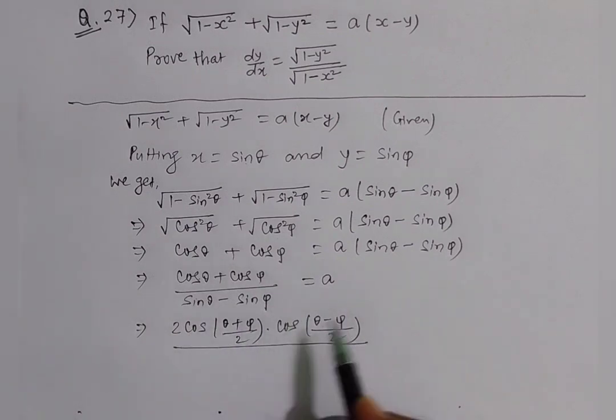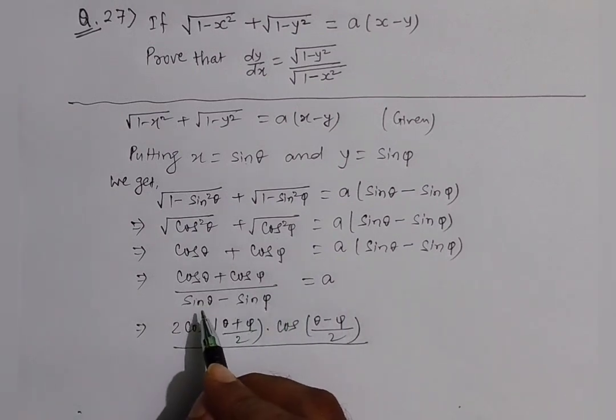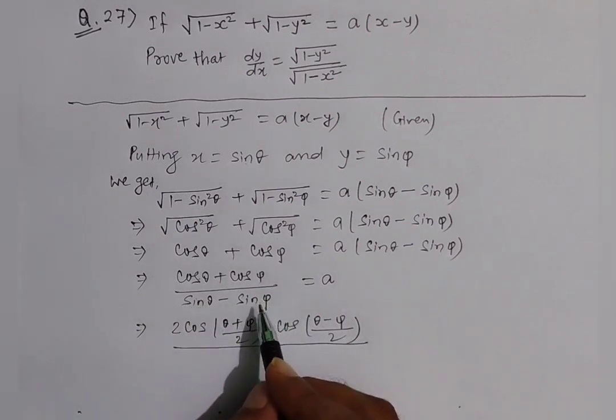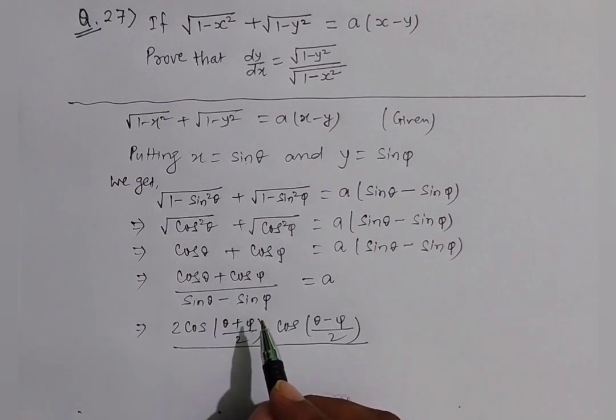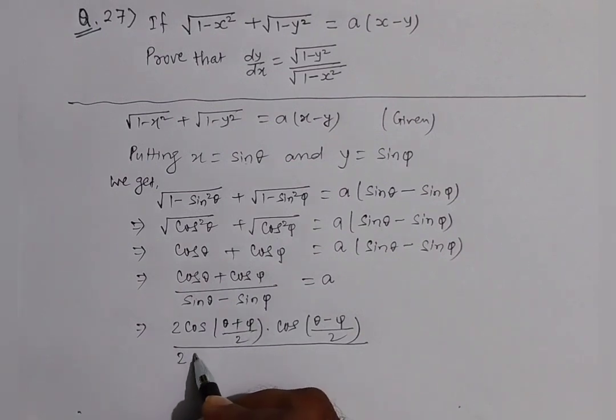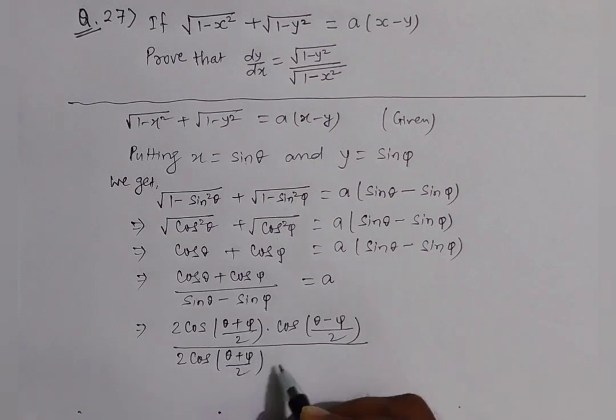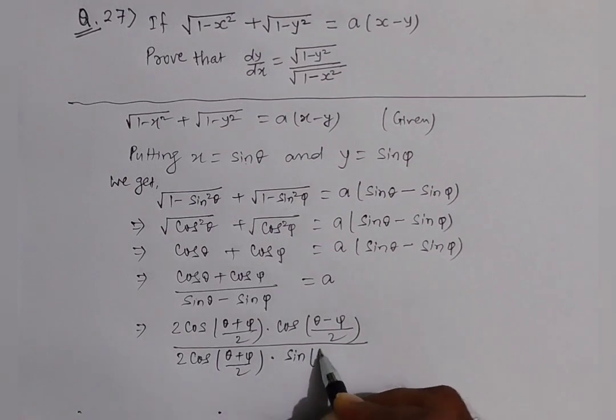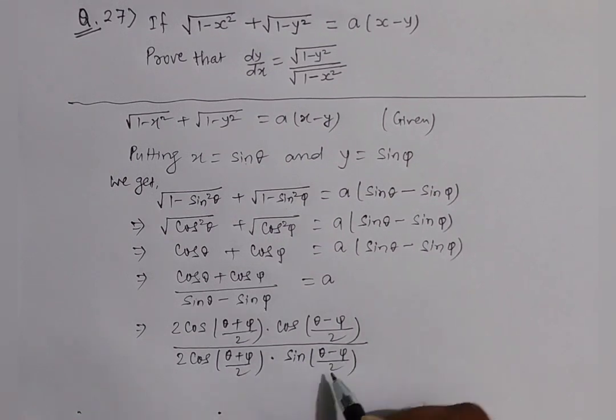Then in the denominator we can apply sin c minus sin d. So can you recall sin c minus sin d? That is 2 cos c plus d by 2 into sin c minus d by 2. So we can apply here 2 cos c plus d by 2 into sin c minus d by 2 equals a.